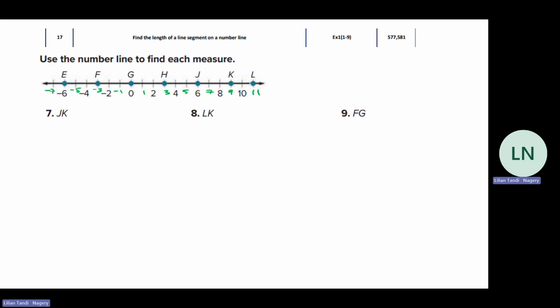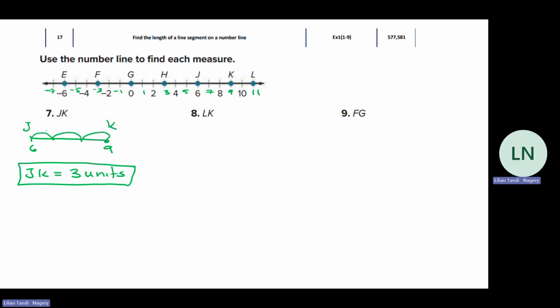J to K, it's from 6 to 9. So this is 6, which is J. 6, 7, 8, 9. This is K, and this is 9. How many jumps? Those are 3 spaces. So I write JK equals 3 units. And I box my answer.